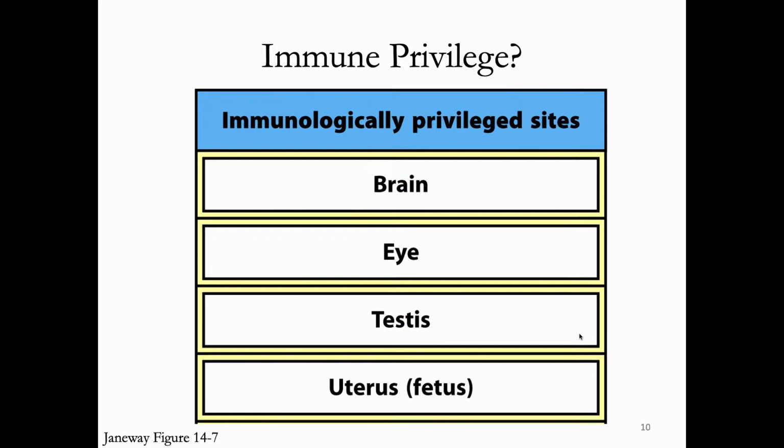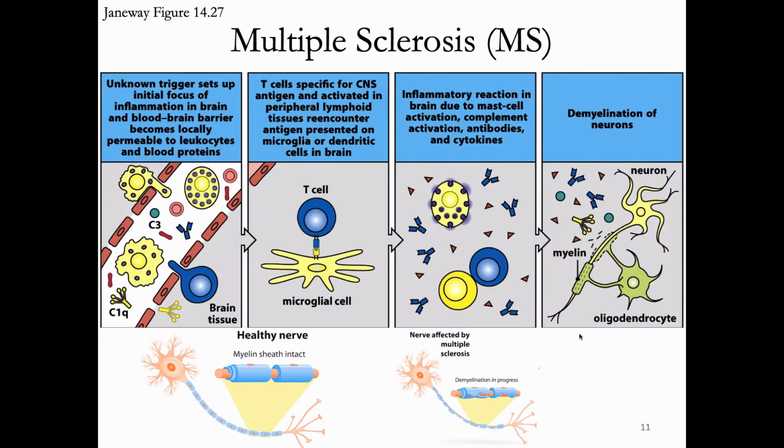And I'm going to give you one example of a case that has really complicated our understanding of this. Again, there are going to be some questions that we probably can't answer. But I want to tell you a little bit about this case just to give you a little bit further understanding. So this case has to do with multiple sclerosis, which is an autoimmune disease that occurs in the brain.